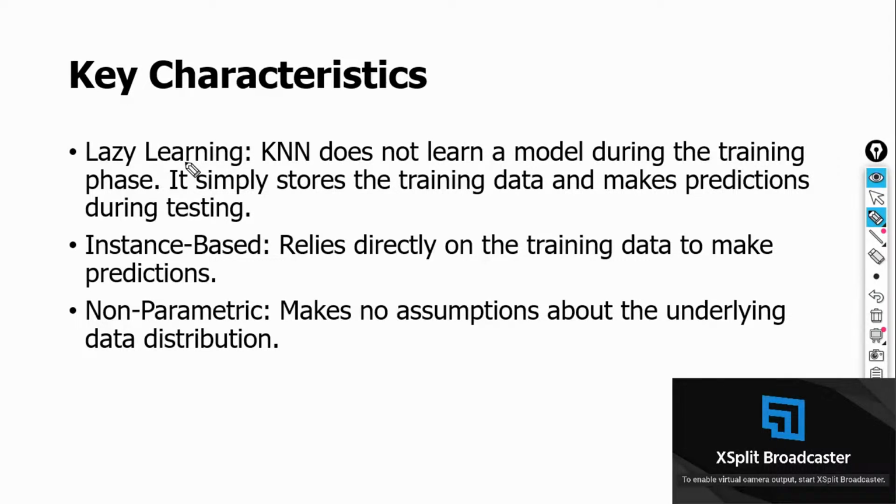The reason is when you start training a KNN algorithm, it does not try to capture the pattern which is actually present in the data. What is the supervised learning premise? Take the historical data and break it into two parts, train and test.